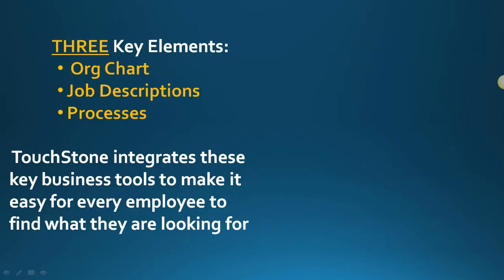If you've been working on creating a process-dependent business, you probably have already developed an organizational chart which locates specific positions within the organization, who they report to and who reports to them. Then you've probably developed some external job descriptions, and you've probably started identifying and documenting some of your processes.